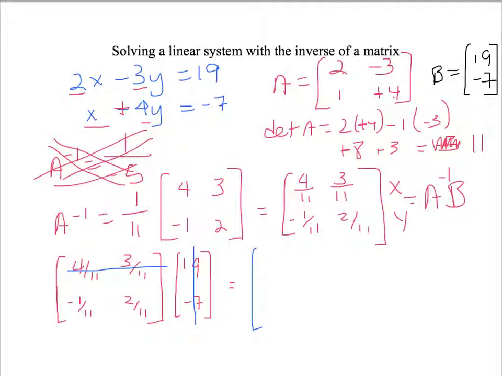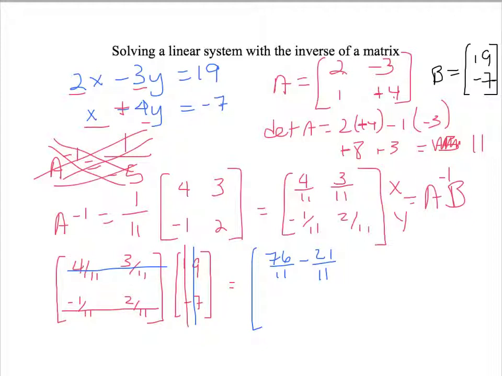So 4 times 19 is 76 over 11, minus 21 over 11.